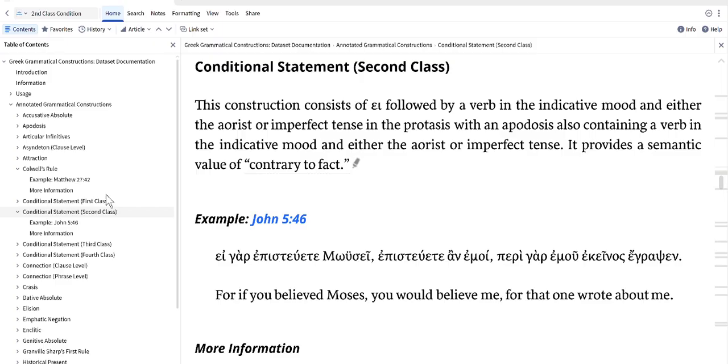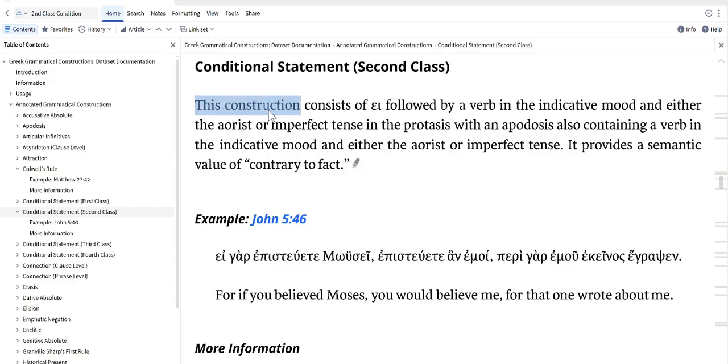It says that this construction consists of an an followed by a verb in the indicative mood, either the aorist or imperfect in the protasis, with an apodosis also containing the verb in the indicative mood, either the aorist or the imperfect. It provides a semantic value of contrary to the fact.